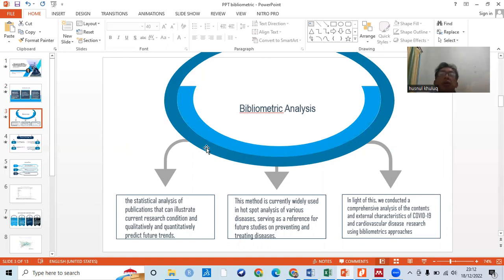This method is currently widely used in hotspot analysis of various diseases, serving as reference for future studies on preventing and treating diseases. In lack of this, we conduct a comprehensive analysis of the content and external characteristics of COVID-19 and cardiovascular diseases using bibliometric approach.